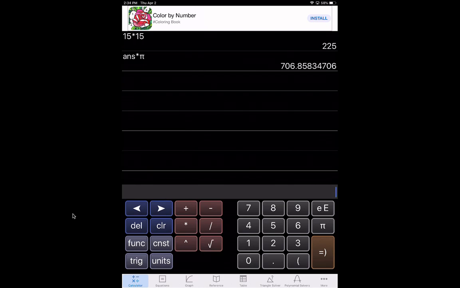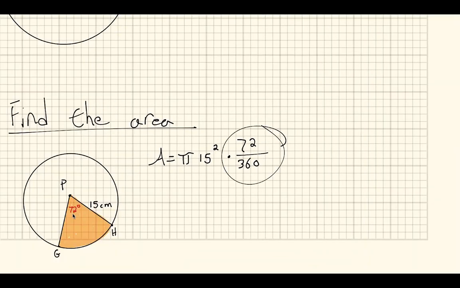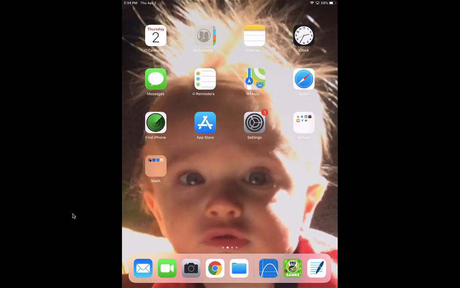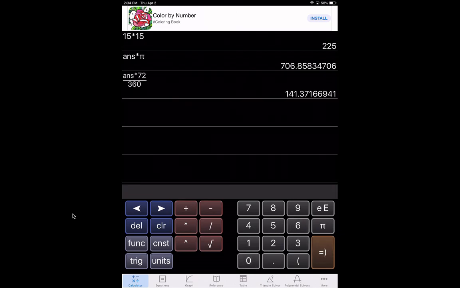Okay, so we have 706.858. We'll just say 706.9. And then what are we multiplying that by? By 72 over 360. So multiply by 72, divide by 360. Okay, and that's going to give me the area of that sector there, which is 141.37.